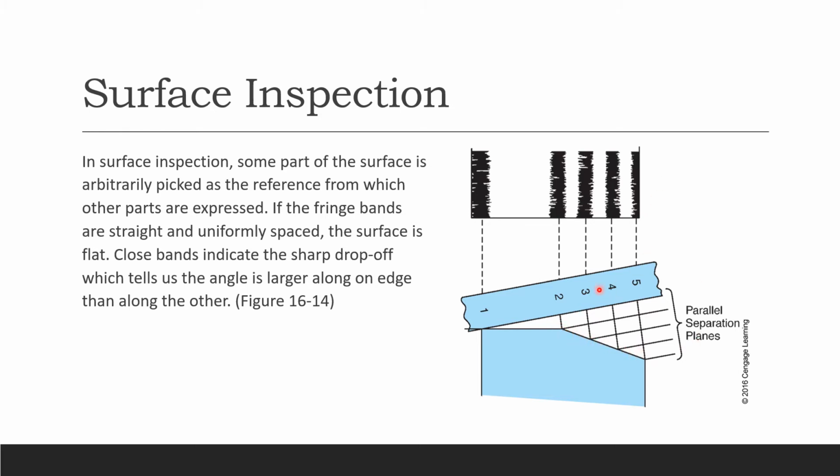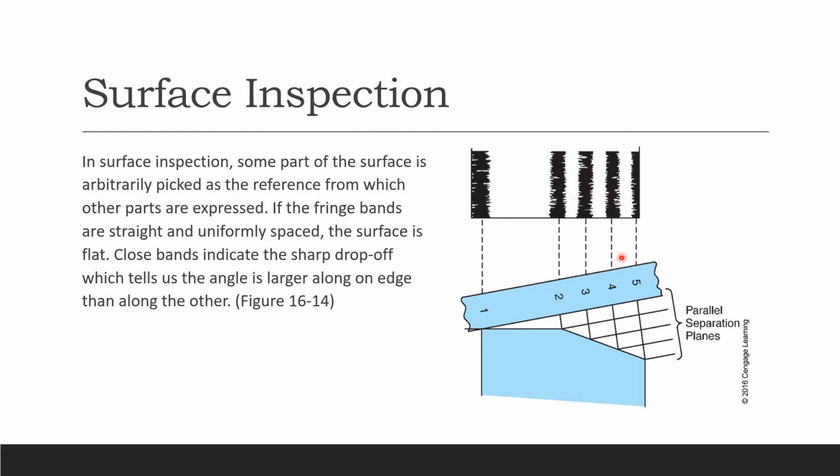So when you apply the light, this is what we see in our instrument. You're going to see the first band here and the second band here representing A, this angle right there. And then we have another set of bands, fringes right there, and they're equally spaced right here with the half wavelength.